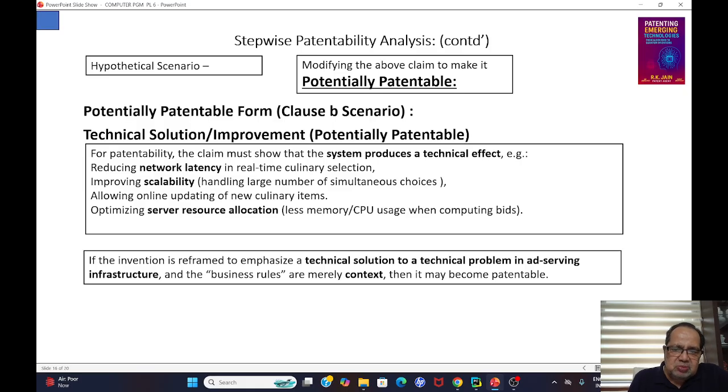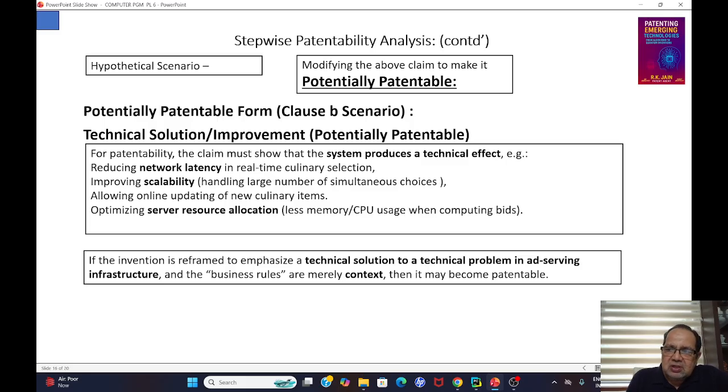It could allow online updating of new culinary items, where anybody can add culinary items and they are integrated with the already stored database. It could be in the form of optimizing server resource allocation, that is, making the system more efficient.